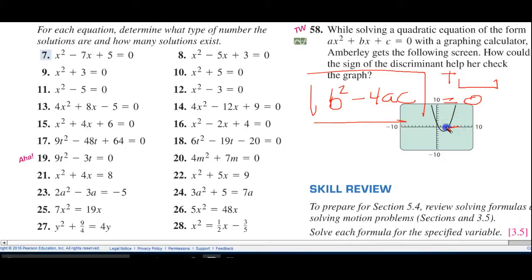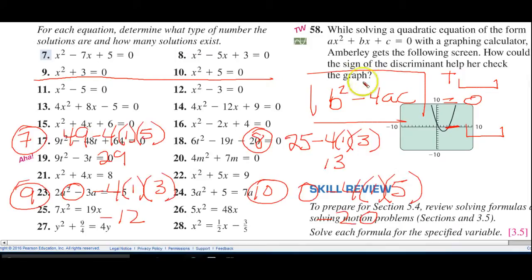And if this ends up being negative, you're going to get 2 imaginary solutions. Now, if this is a perfect square, then these will also be rational numbers. Okay, give you a moment. Only going to do, let's say, the first 4, and we'll give you an assignment so you tell us the number and kinds of solutions that exist.